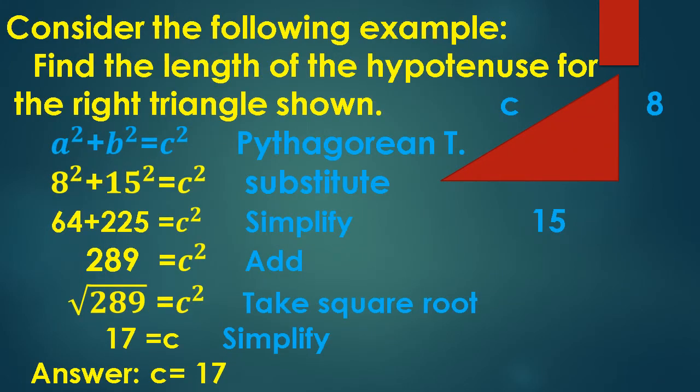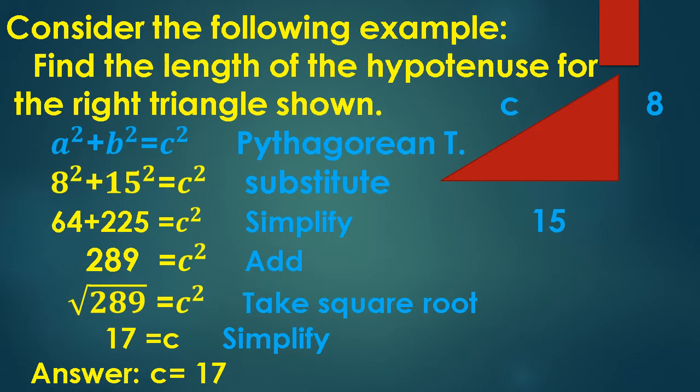Consider the following example. Find the length of the hypotenuse for the right triangle shown. The measurement of one leg is 15 and the other leg is 8, and c is the hypotenuse.